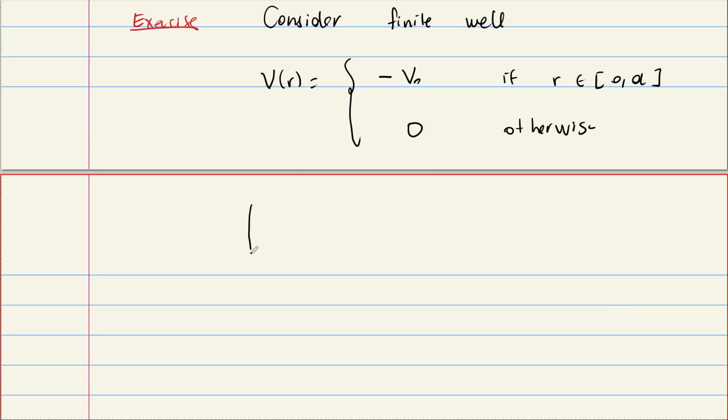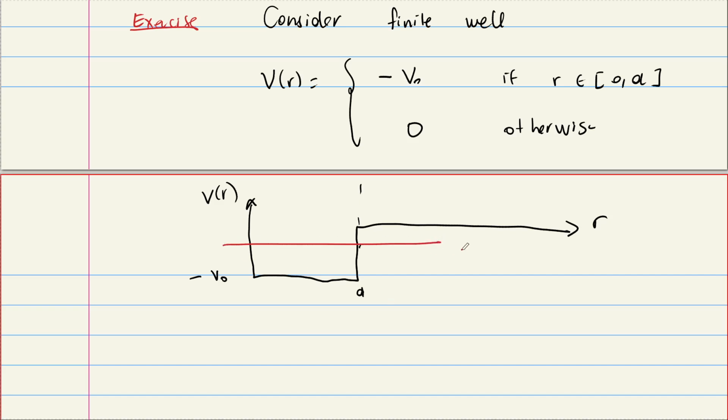And the picture is something like that. This is V of r. This one is minus V0. This is a. This is r. And the problem is asking if there is any bound state. So this is your E. And that means we need to look at only L equal to 0.